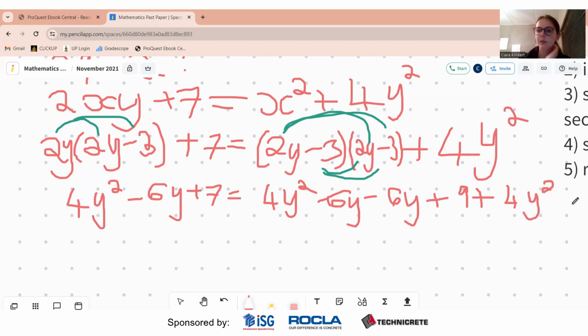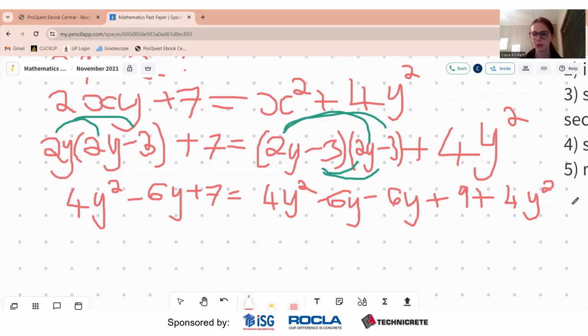Now, at this point, I'm still trying to solve this equation. I can see lots and lots of like terms. So I'm going to, first of all, simplify on either side of the equal sign. Because when you have a lot going on either side of the equal sign and you want to simplify, I actually find it's better if you simplify first on each side of the equal sign and then take everything over to one side, because you want to avoid making silly mistakes.